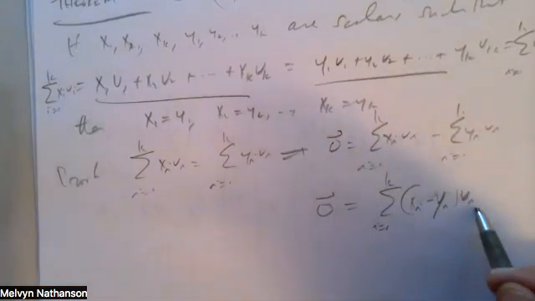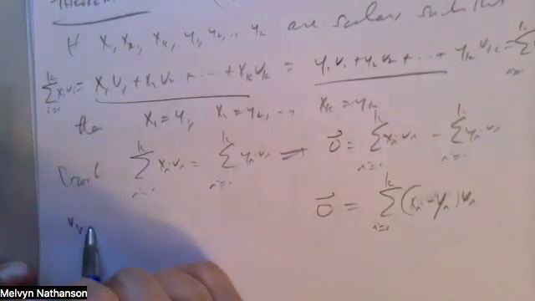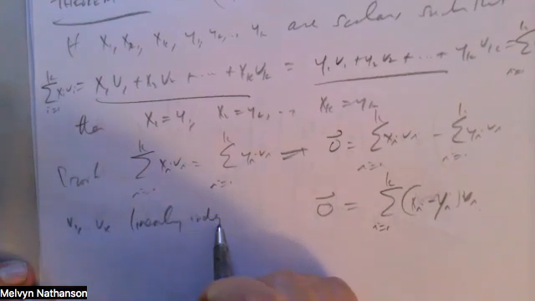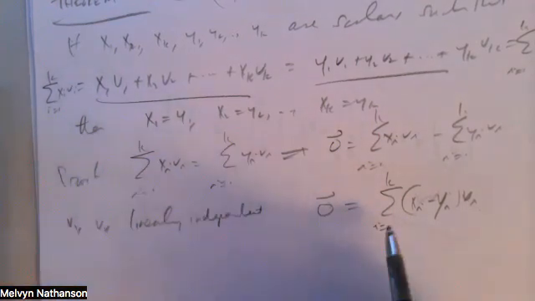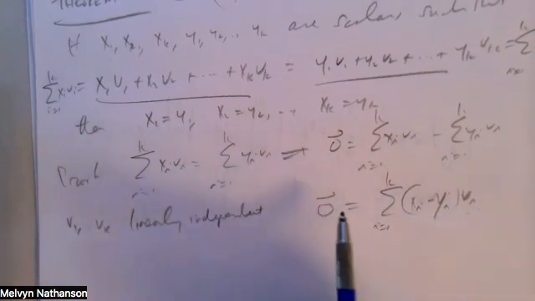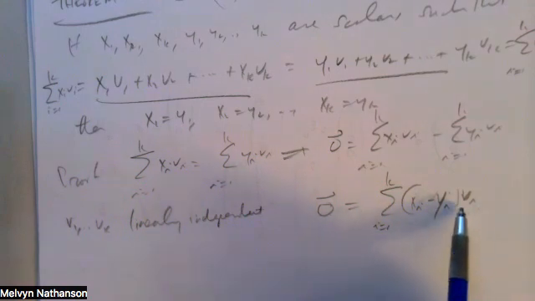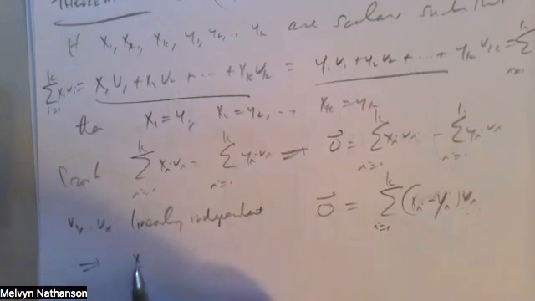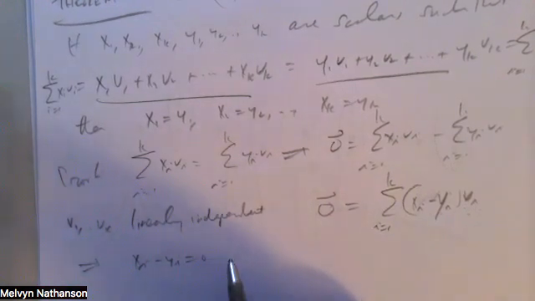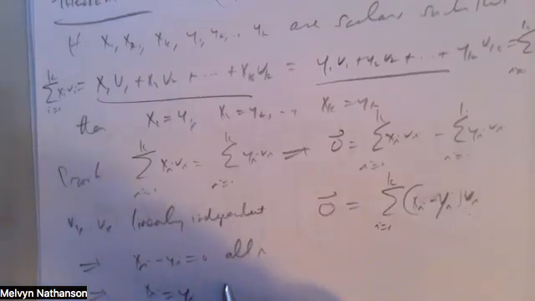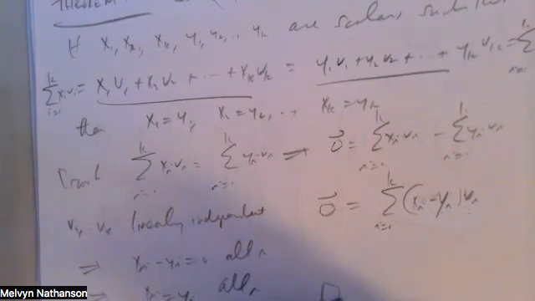But the vi's are linearly independent, which means the only linear combination of them that gives the zero vector occurs when every scalar multiplying the vector vi is zero. So xi minus yi equals 0 for all i, which means xi equals yi for all i. And that's what we wanted to prove, that this representation is unique.